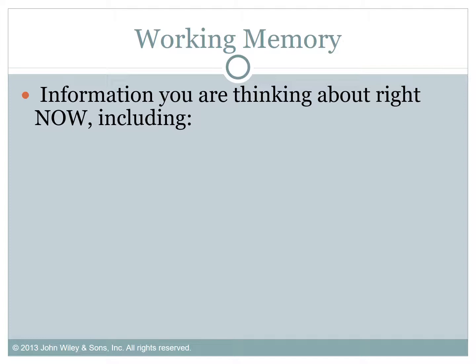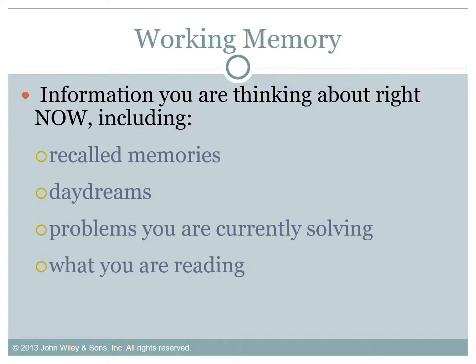This is essentially everything you're thinking about right now. Your recalled memories, your daydreams, problems you're solving, what you're reading, what you're listening to, your grocery list, your laundry list, that sort of thing. It's a relatively small system. It can only hold so much information. Usually we refer to working memory as being between about 5 to 9 viable units of information.